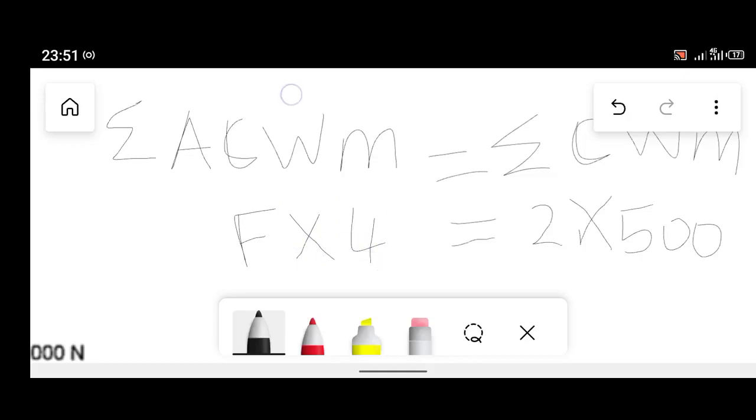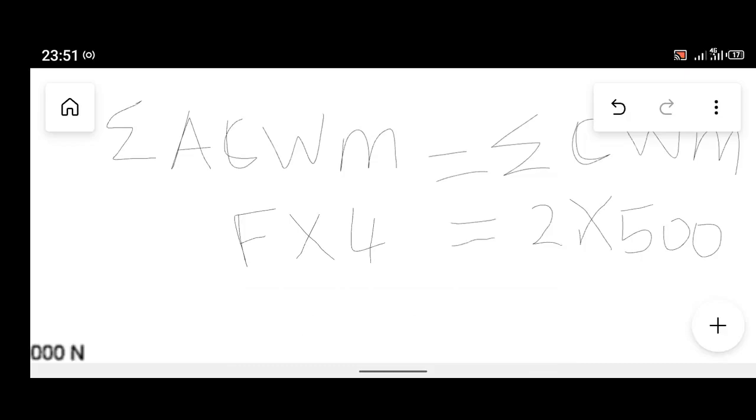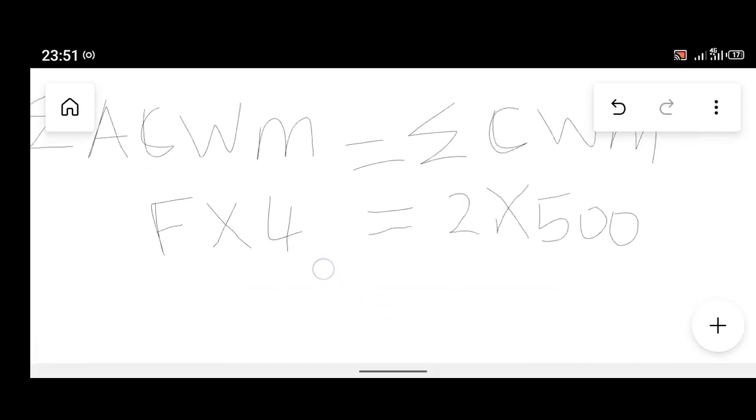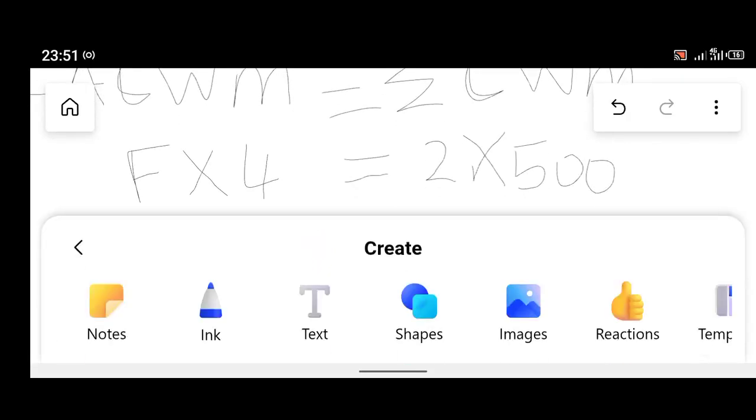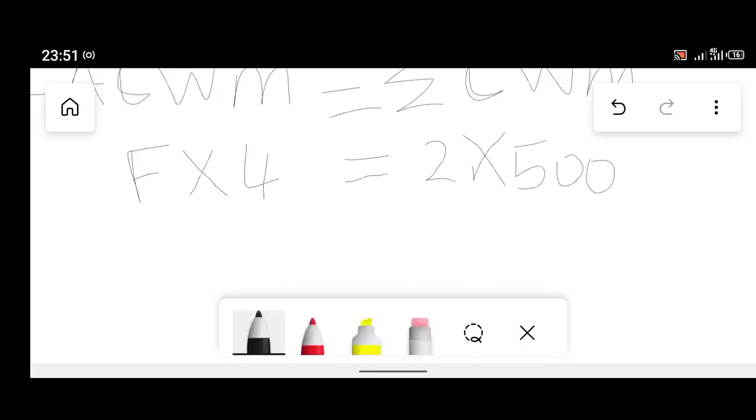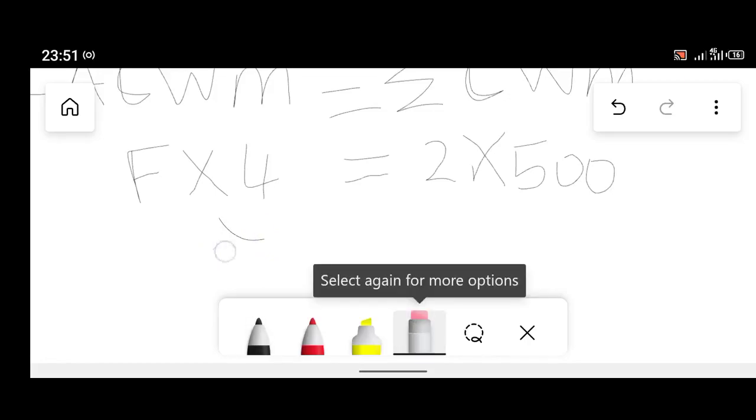Since we know that moment is equal to force times the perpendicular distance from the pivot. Okay, that's why we are multiplying these figures here. So when you multiply F by 4, let me just write my 4 properly.